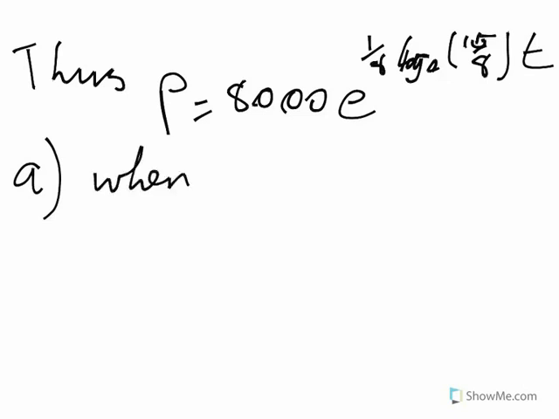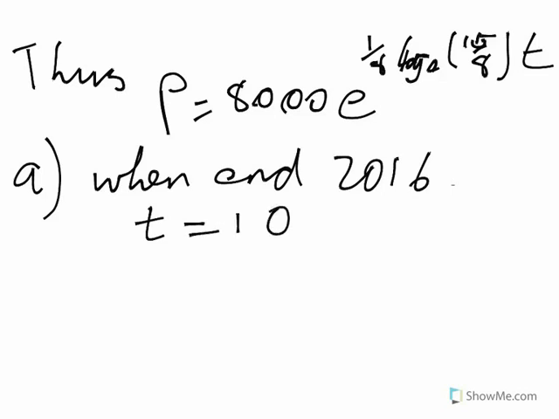It says at the end of 2016, so that's another 2 years later than the end of 2014, so that will be time equals 10, and then we put all that information in.